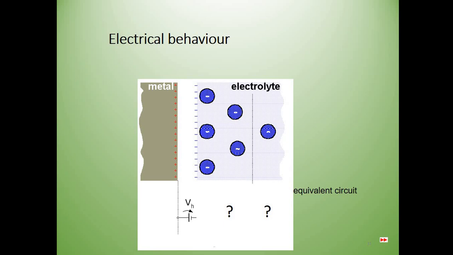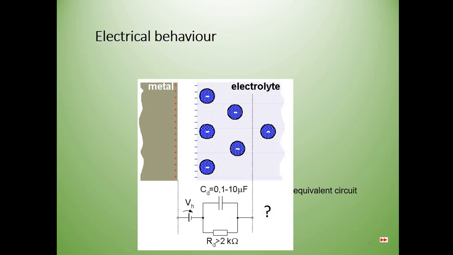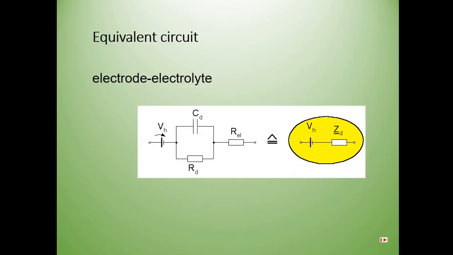The first charge difference is represented by the half cell potential, and the next level of potential gradient is represented by the parallel combination of a capacitance and resistance, and all the other components are represented by a resistor. So the equivalent circuit will be as shown in the figure.